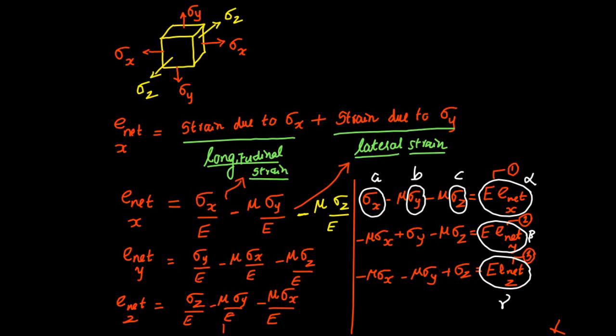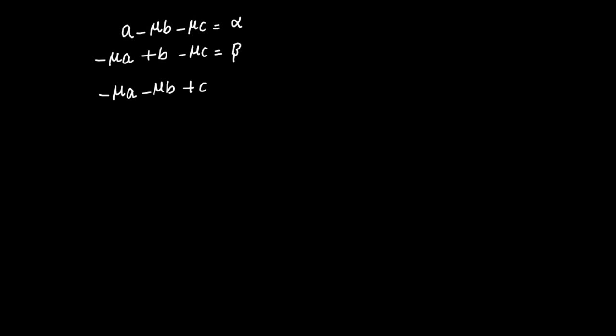And I'm going to rewrite the three equations so that those equations can look a little bit less intimidating. Okay, so let me rewrite the three equations again. So here we go. The equations will look like A minus mu B minus mu C is equal to alpha, minus mu A plus B minus mu C is equal to beta, minus mu A minus mu B plus C is equal to gamma.